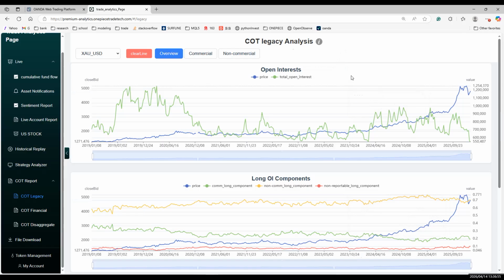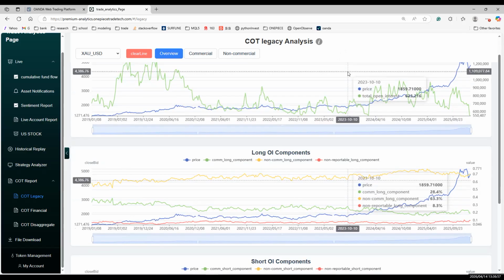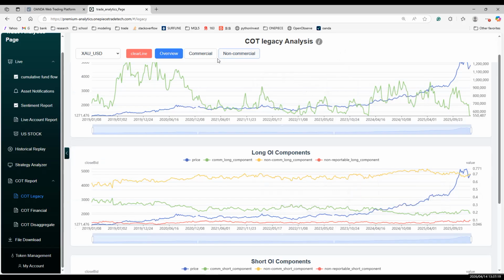There are three types of COT reports: the legacy, the financial, and the disaggregated report. The legacy is a traditional reporting format and includes all futures contracts. The financial futures and the disaggregated reports are more detailed breakdowns of the legacy report, where trader categories are more clearly defined.